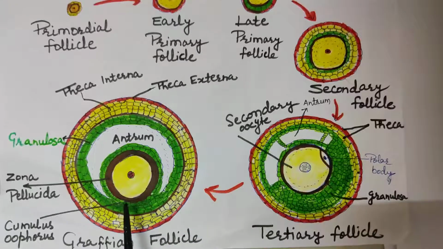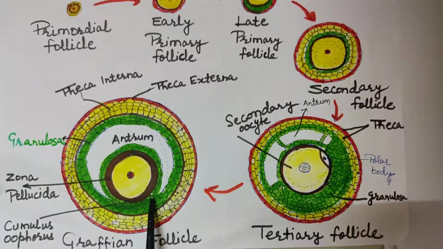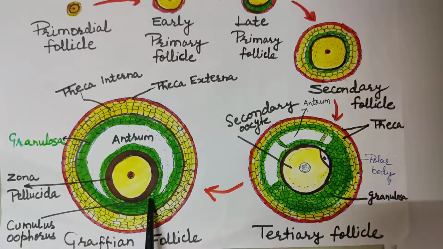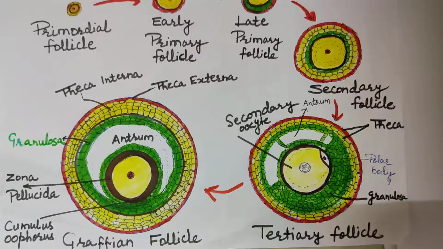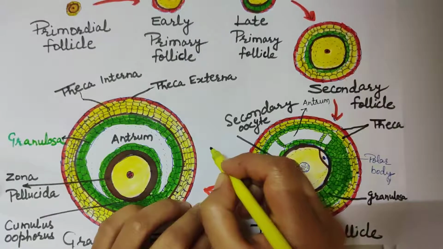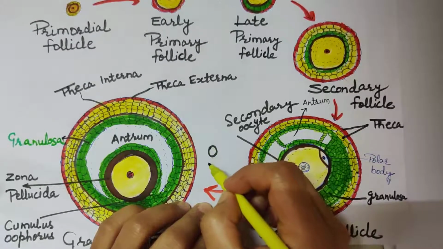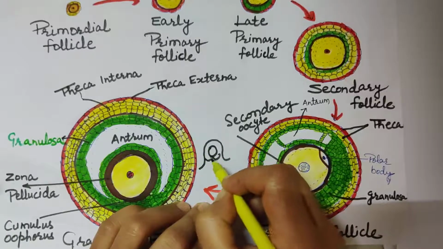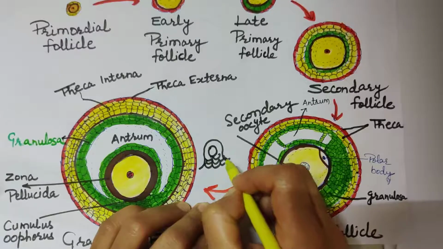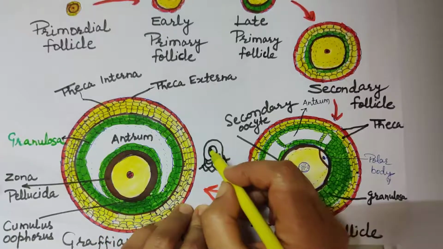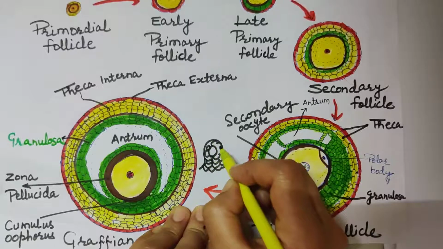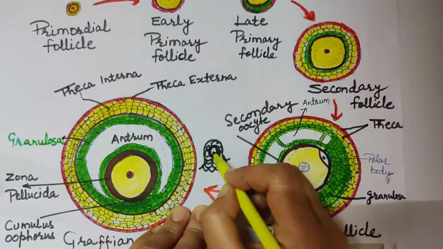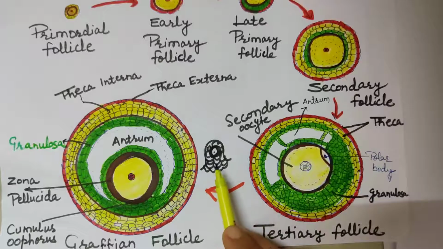And another thing, here the granulosa cells form a pedicel-like structure, a stalk-like structure. Okay, how? Like in this way. This is the secondary oocyte, and certain granulosa cells cover it in this way. Clear? Some of the cells are lying here. This structure is called pedicel or stalk-like structure.